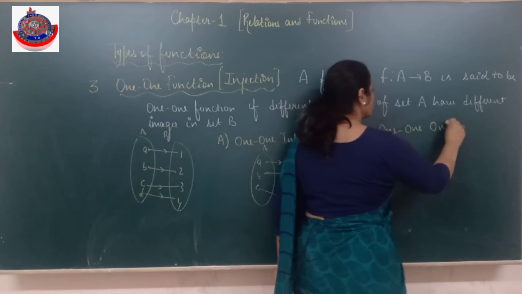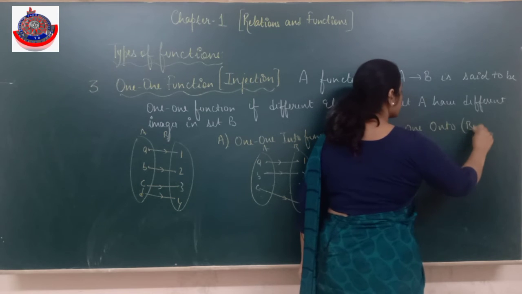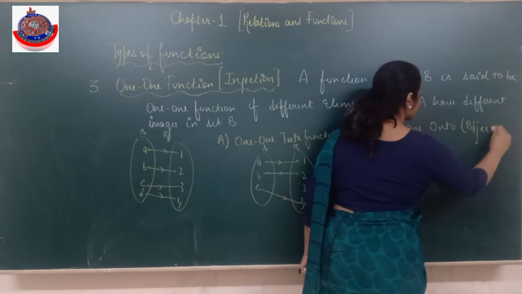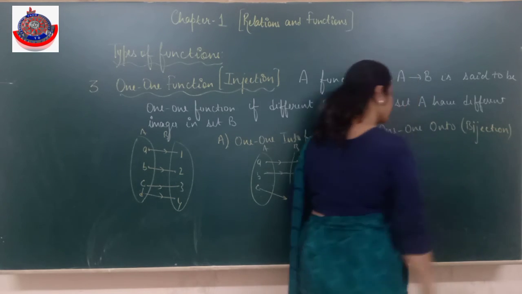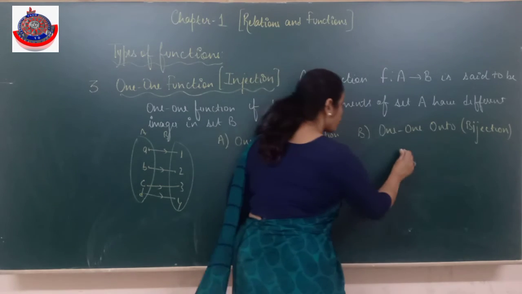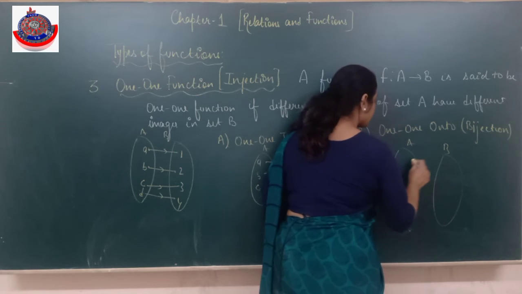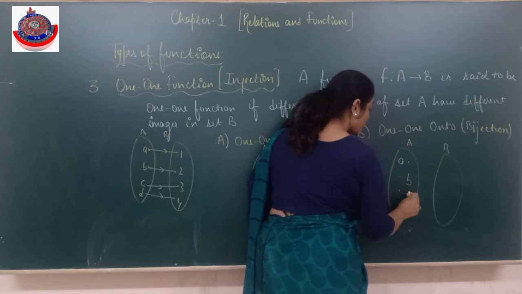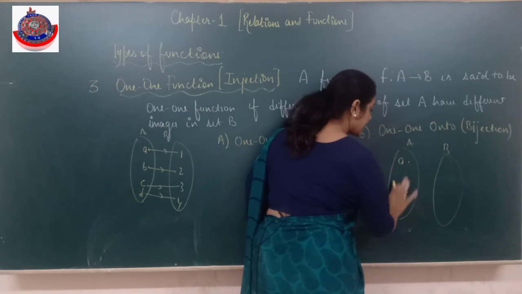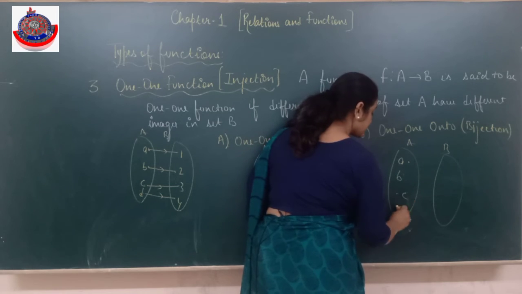Same we have 1-1 and onto. This is called bijection. This we will be requiring in the functions. Bijection. Is it clear? 1-1 and onto means it has a 1-to-1 relation, but there is nothing left in the second set.